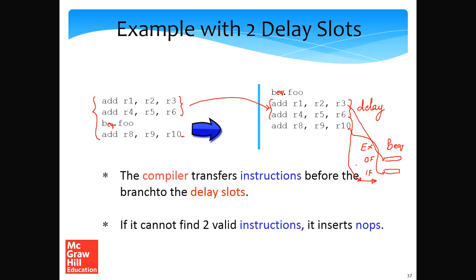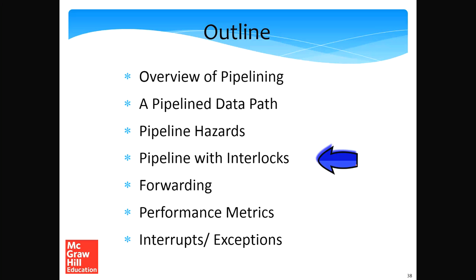So these are two very common mechanisms, the code reordering and adding no ops, as well as delayed branches, very common mechanisms of solving issues with pipelines. So we shall now look at two solutions in hardware. One is a pipeline with interlocks and the other is a pipeline with forwarding.